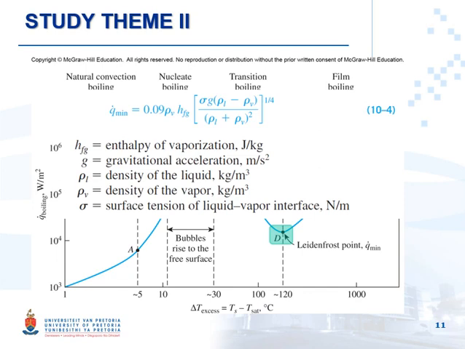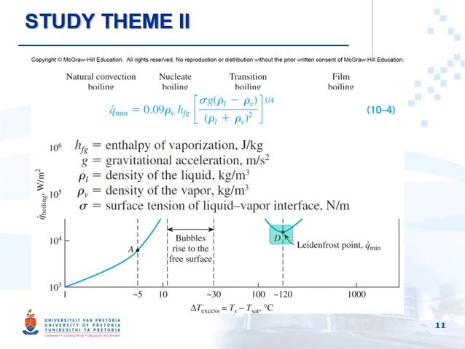So we find basically Q dot minimum, or Leidenfrost. There is a semi-empirical correlation, again based on enthalpy of vaporization, gravity, density of liquid, density of vapor, and surface tension of the liquid-vapor interface.